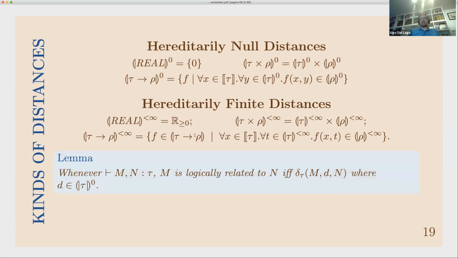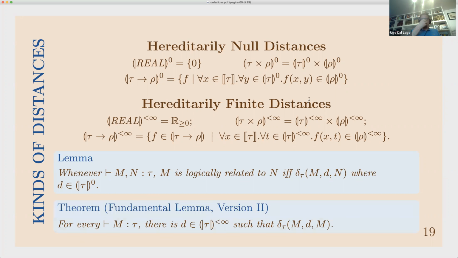And what is nice is that you can prove that since the calculus is strongly normalizing, all terms which are logically equivalent are at a distance which is null. So you can kind of recover logical relations inside the differential logical relations by way of hereditarily null distances.